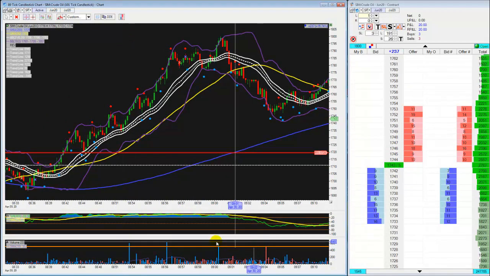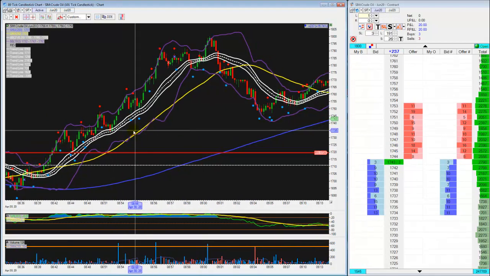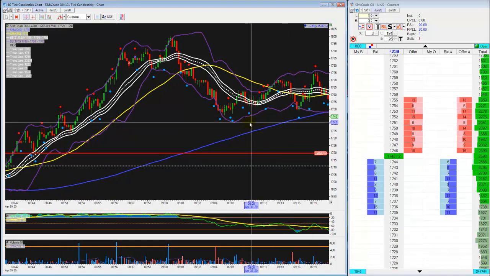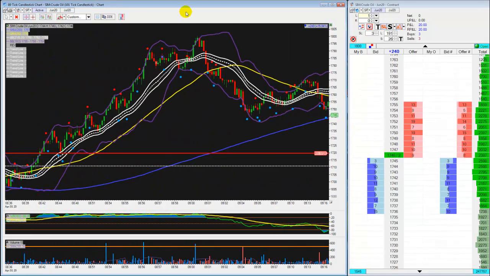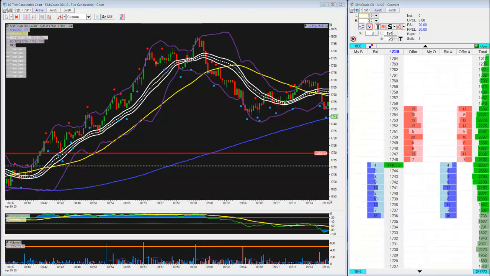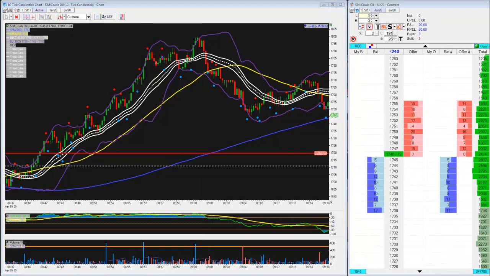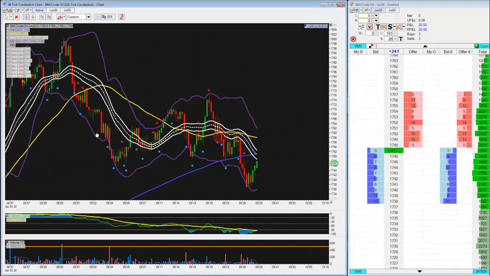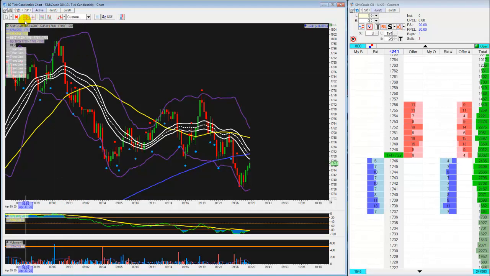It's not a lot of volume to turn the market over. All right, new high is 1800. Let's pop that on the top of our spreadsheet. 1736 is a 1P move down from here.